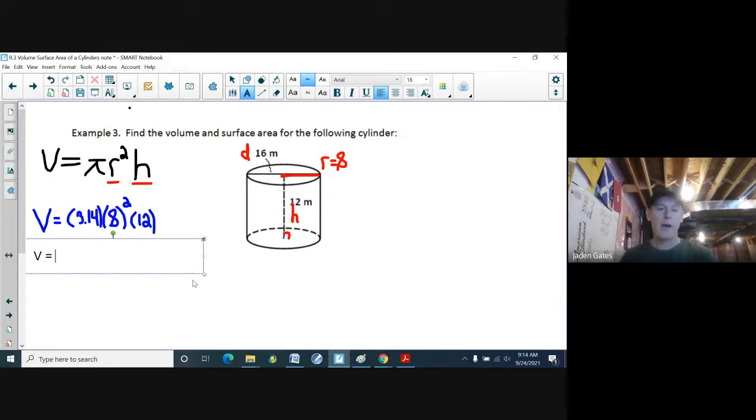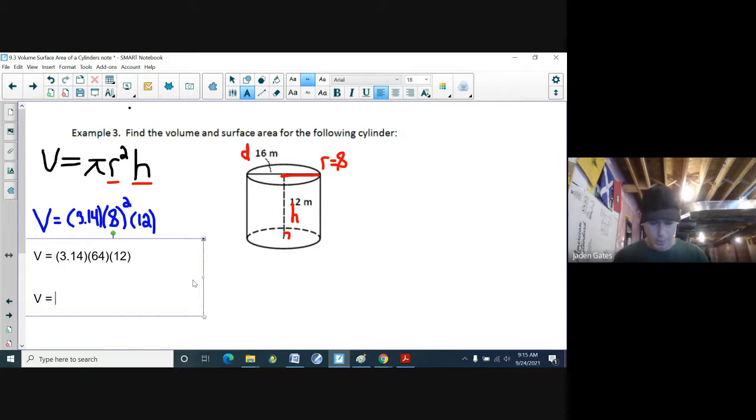Following Bedmas, I've got to do my exponent first. So 8 squared, that's 8 times 8. 8 times 8 is 64. Then I've got my 12. Lucky for me, the final step is multiplying those three numbers, then putting some units on it.